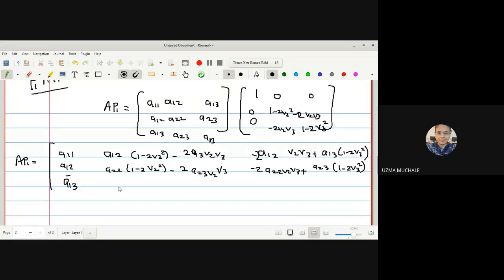The last row will be A23 times 1 minus 2 V2 square minus 2 A33 V2 V3, minus 2 A23 V2 V3 plus A33 times 1 minus 2 V3 square.